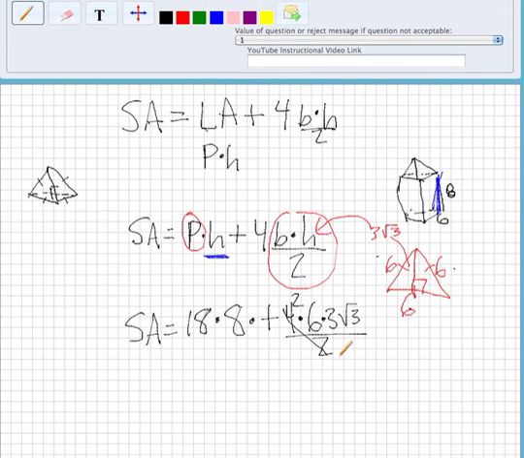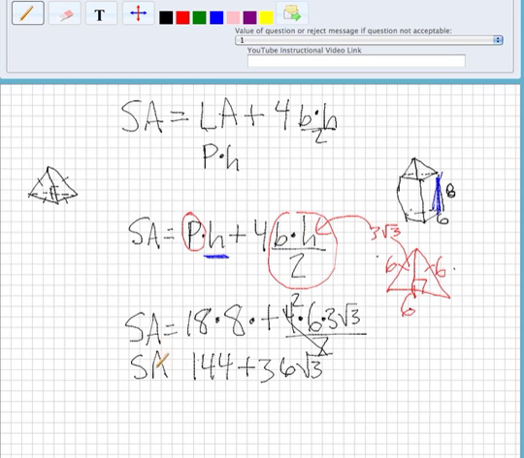So now we can plug this into our calculator. 18 times 8 equals 144, plus 6 times 2 times 3 times the root of 3. That's going to be 36 rad 3.